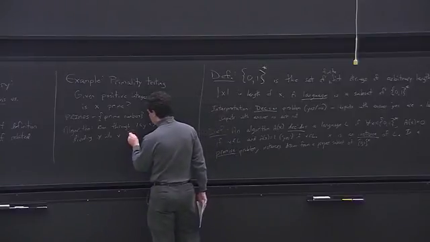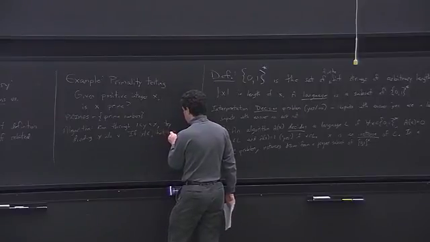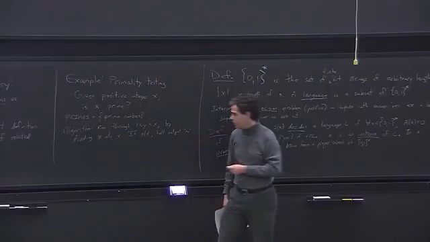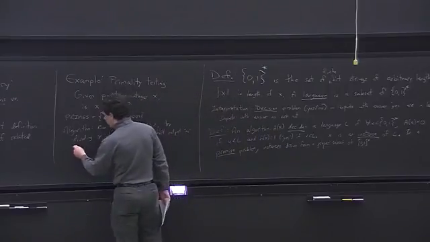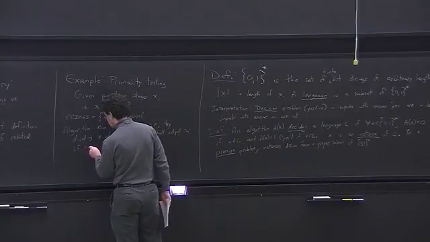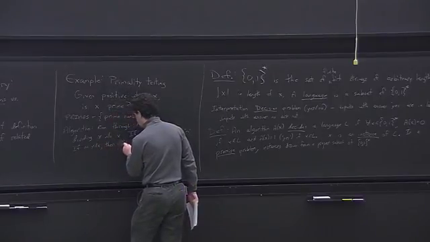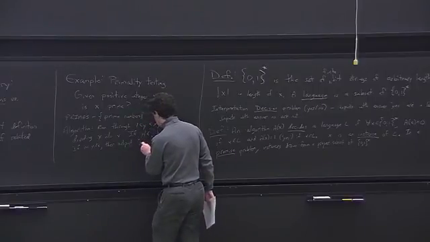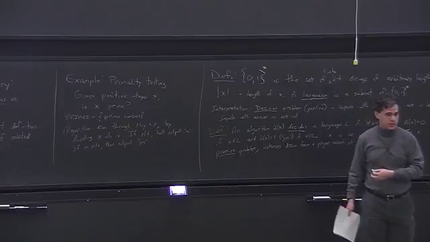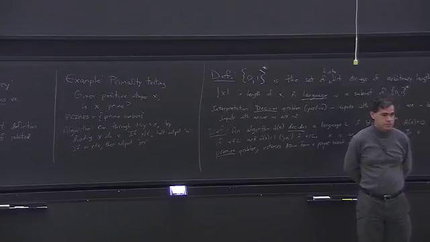And of course, if y does divide x, then halt and output no, because x is clearly not prime. And if we reach the end, then we output yes. Okay? So everyone agrees that this algorithm decides this language, I hope.